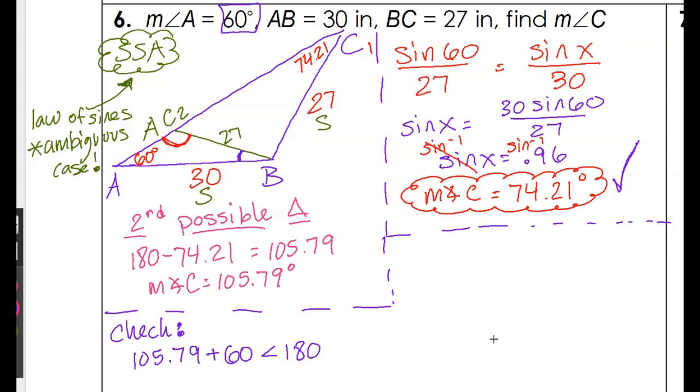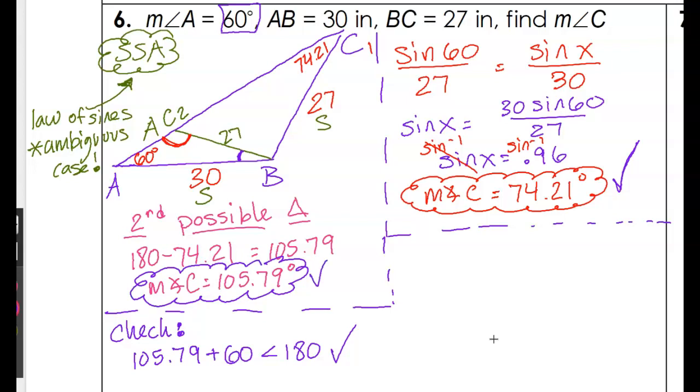So it needs to be less than 180 for it to actually be able to form a triangle. So is 105.79 plus 60 less than 180? Does that check out? Yes. So it does mean that you do have two possible triangles.